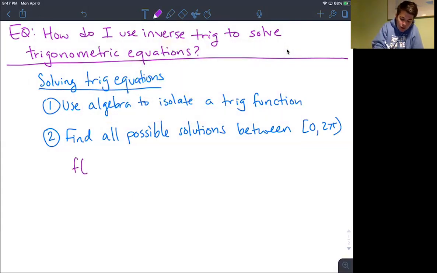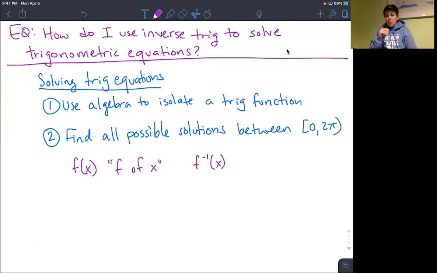So just some vocabulary. When you see f of x, you say f of x. And we've done this before, when we see a little -1 there, what that means is f inverse of x, or you could also say the inverse function of x.